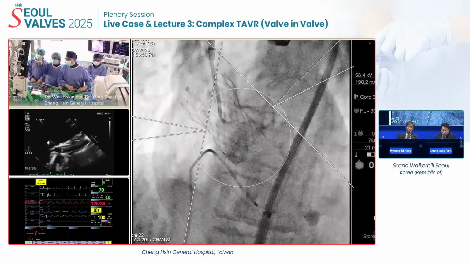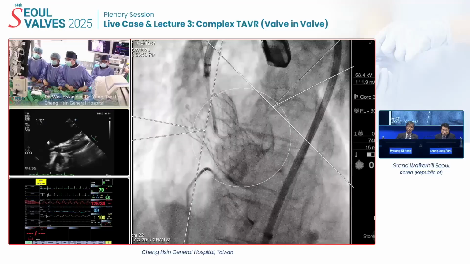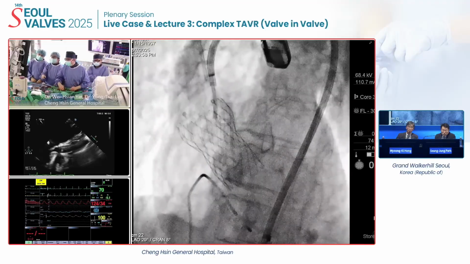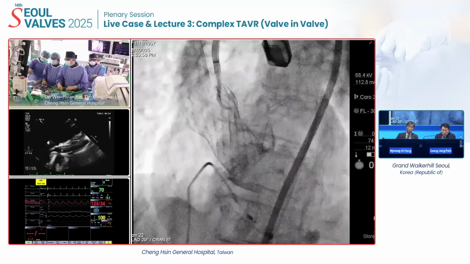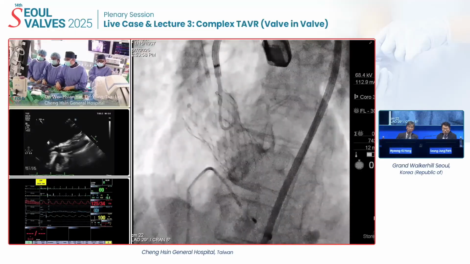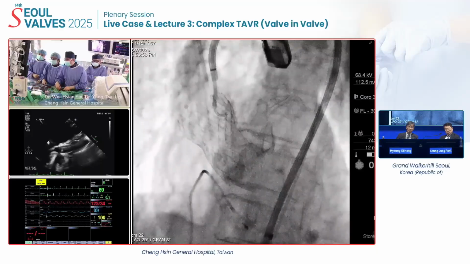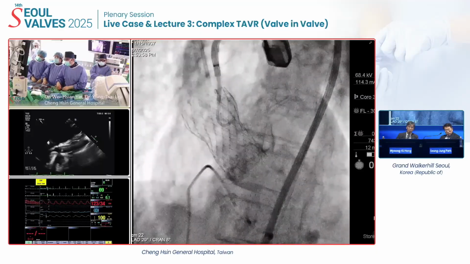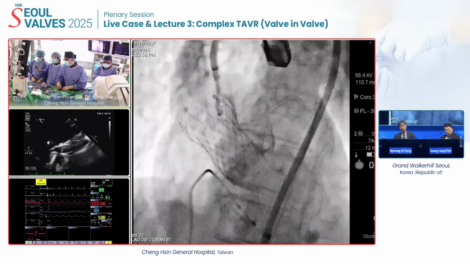The third thing is the implantation depth of the second valve. In this patient, if we implant the SAPIEN 3, keep the inner skirt of the SAPIEN 3 20 millimeter below the coronary takeoff of the left side.